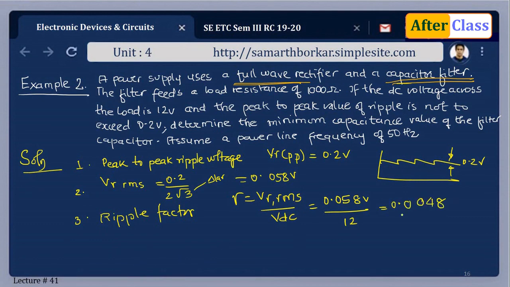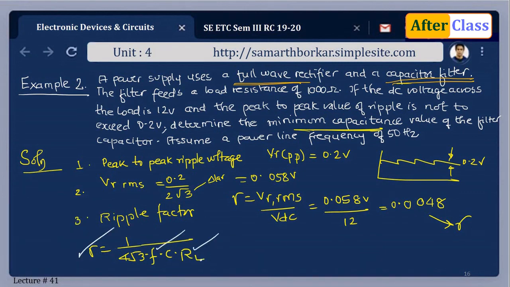Now we got the value of the ripple factor r. What is asked? Determine the value of capacitance. So r is equal to 1 upon 4 root 3 FCRL. We have the value of r, we know the frequency, we know the value of RL.